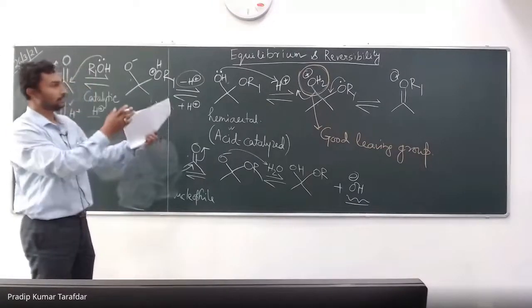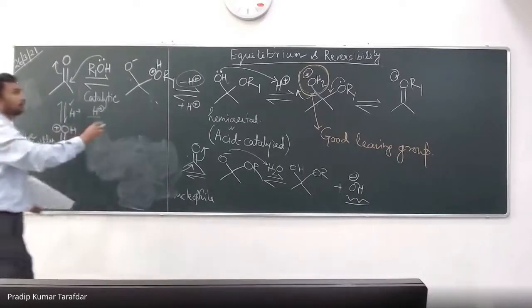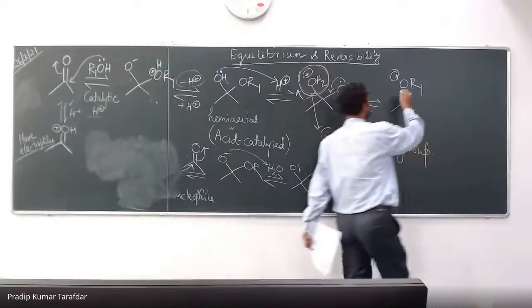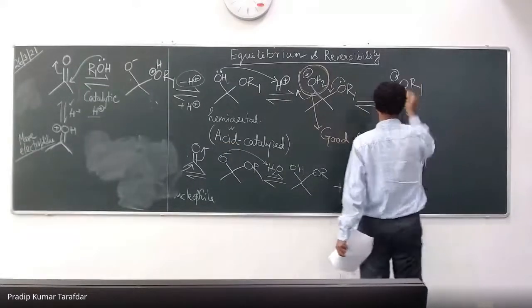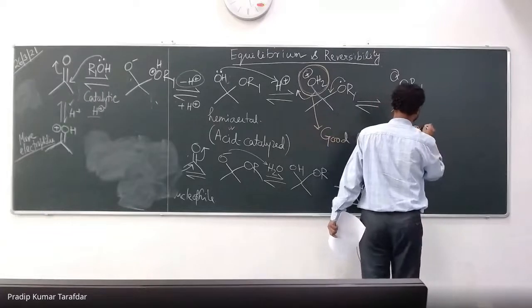So that is the electrophile. Here it was OH plus, now we are generating one more electrophile: the oxonium ion.